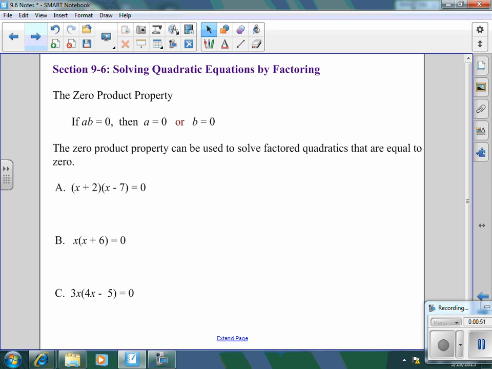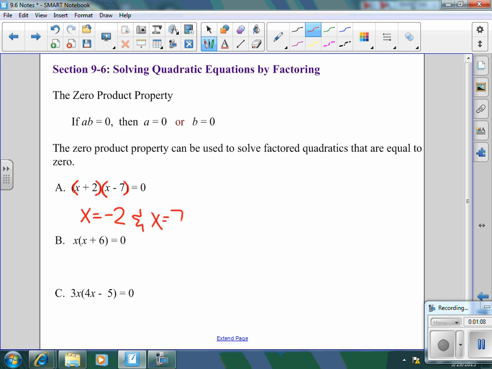So we have some that are already factored. We just need to remind ourselves how to use the zero product property. So this first one, I have x plus 2 times x minus 7, and they multiply together to equal 0. So we get x equals negative 2, and x also equals 7. For the next one, sometimes people forget that this guy right here, the x, is one thing.